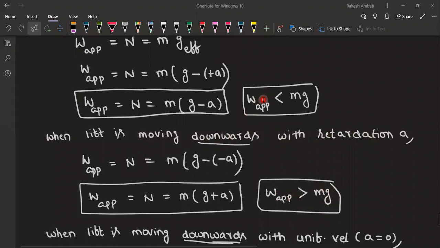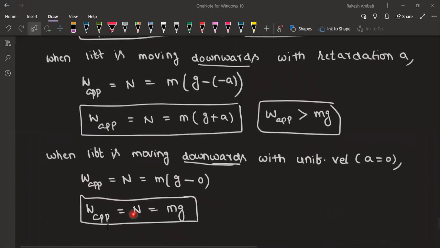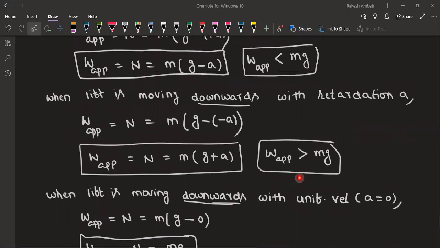So in some cases apparent weight may be smaller than, greater than, or equal to true weight. Anything is possible depending upon the acceleration information.